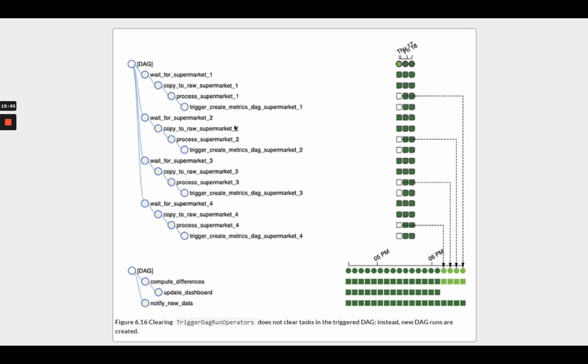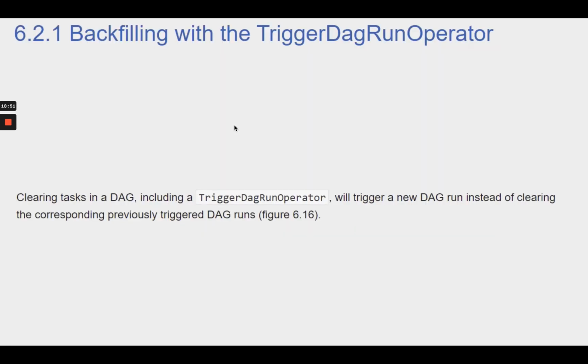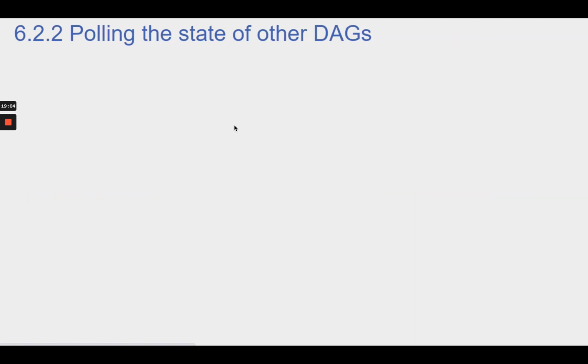Tasks downstream of a trigger DAG run operator in another DAG are not cleared, so be well aware of this behavior. Clearing tasks in a DAG, including a trigger DAG run operator, will trigger a new DAG run instead of clearing the corresponding previously triggered DAG runs, figure 6.16.